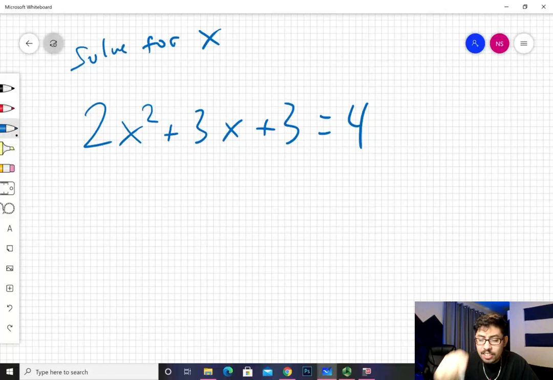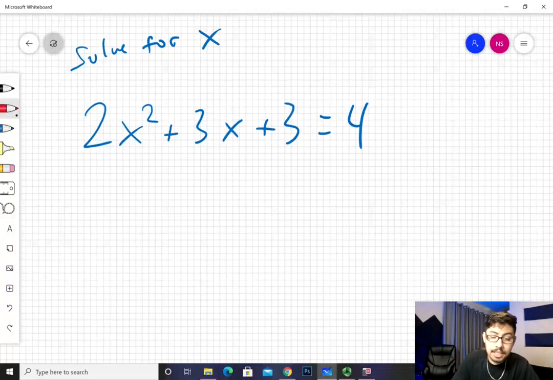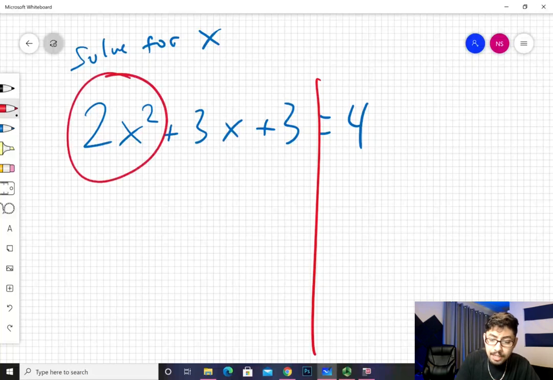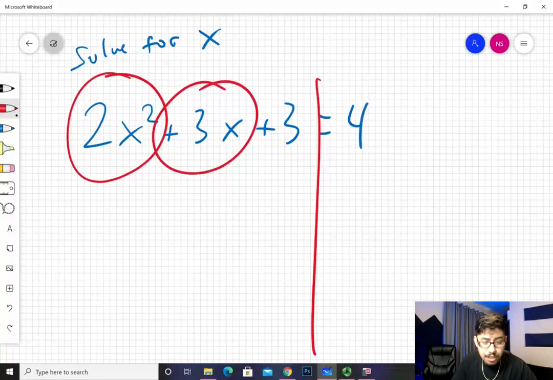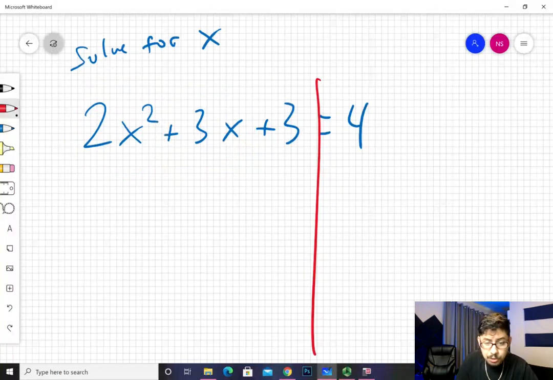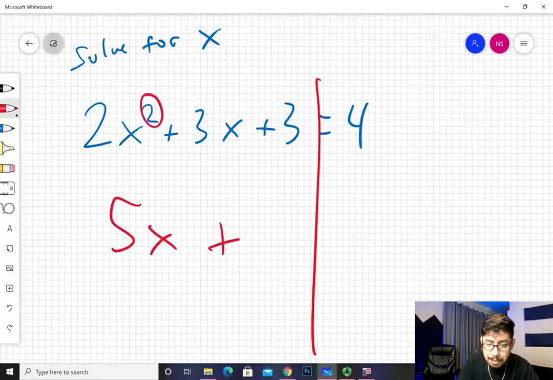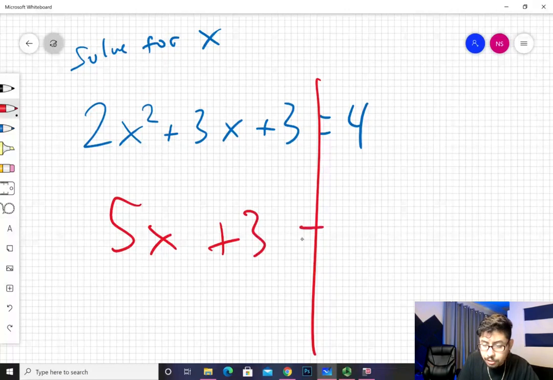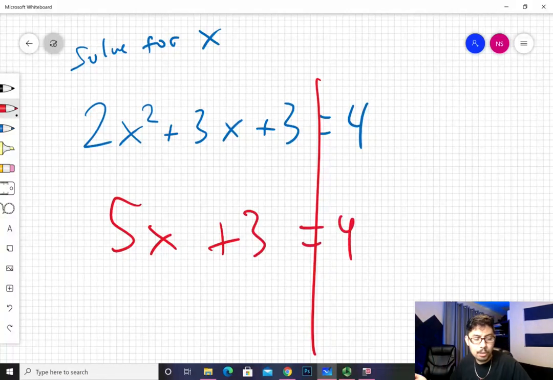And when you see that and you see the equal sign, you're just like, multi-step equations. So then you're immediately like, boom, you combine these 2 for whatever the reason, even though they're not like terms. You combine them and you end up with 5x, and you forget about that power. You don't even bring it down, plus 3, and then you just move on with the multi-step equation process, which is wrong, right?